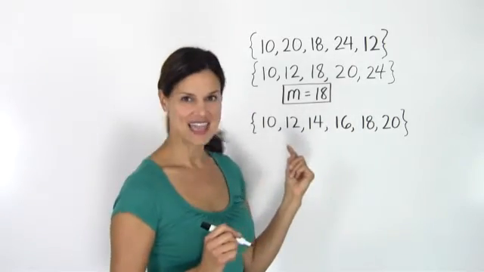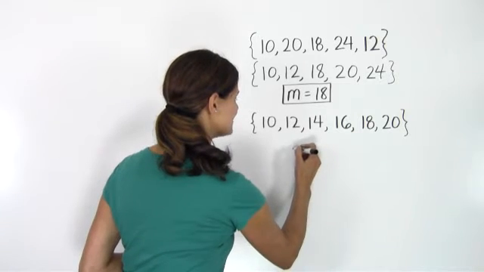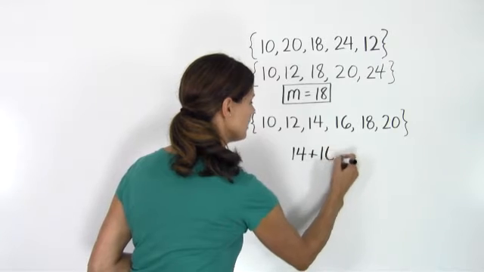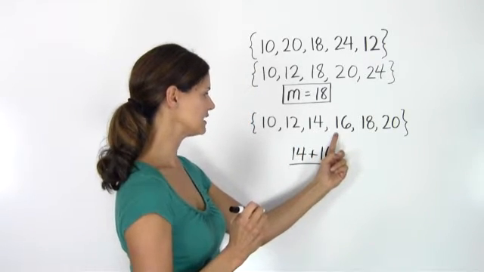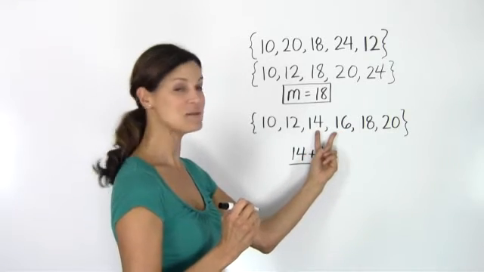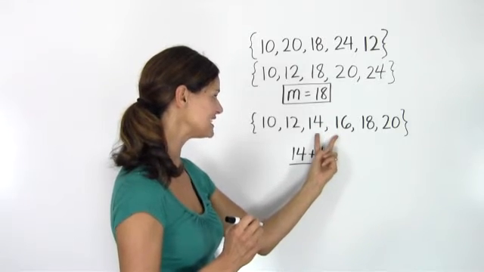So what I do in this case is I find my two middle values, the 14 and the 16, and I take the average of those two, the mean of the two middle values. So 14 plus 16, I want to find the mean of those, so I have to divide by the number of values in my little set here.